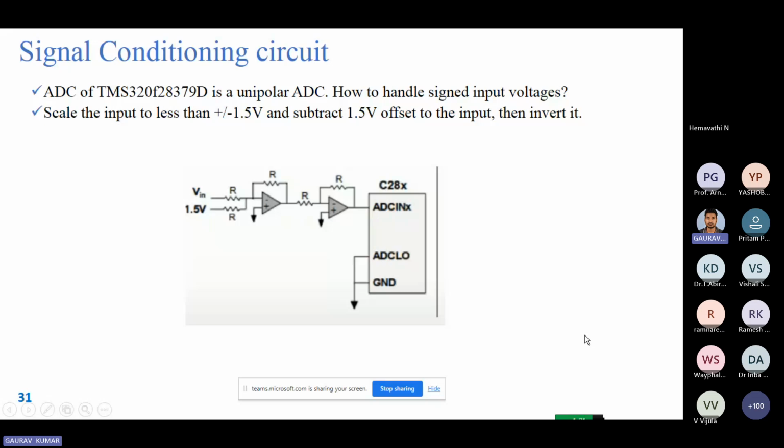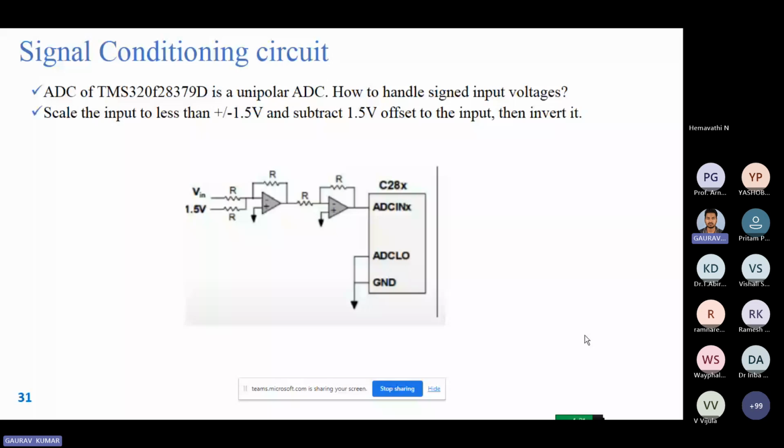Okay, if you sense the current sensor output, or you are sensing the voltage, the pressure, or anything, it will generate a corresponding voltage, and the voltage limit which we can give to the C2000 microcontroller as an ADC input is only 3.3 volts. For safety, you can only give up to that voltage to the microcontroller ADC.